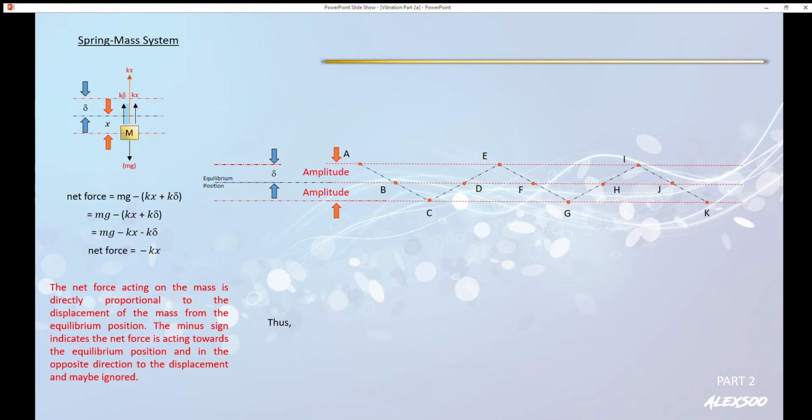The minus sign, that is negative kx, only indicates that the restoring force is acting towards the equilibrium position and in the opposite direction to the displacement made by the mass. So the restoring force is acting upwards, but the displacement that we measured is vertically downwards in this case.